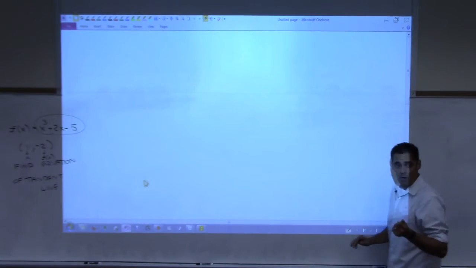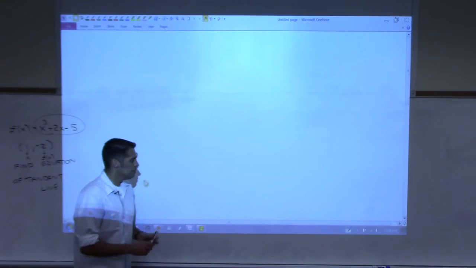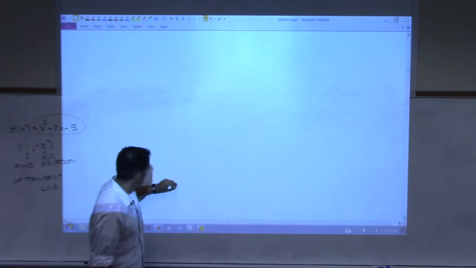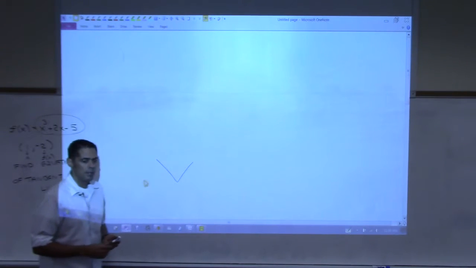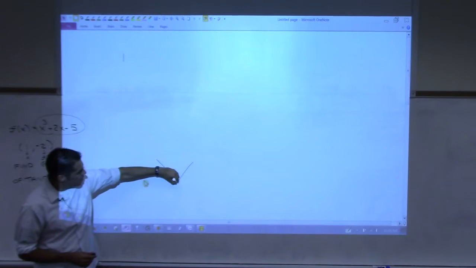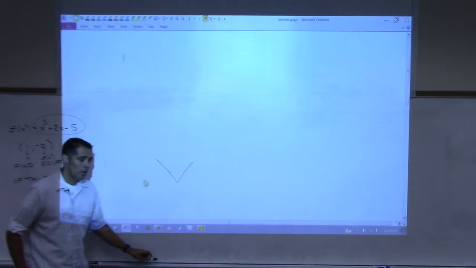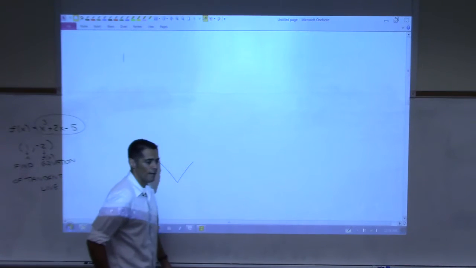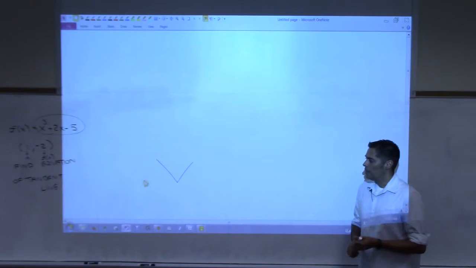There are some curves that you cannot find tangent lines of. And I'll give you a simple example. The absolute value curve. You cannot find the slope of the tangent line at the bottom of that curve. We call this a corner, and derivatives do not exist at corners. Think about it.